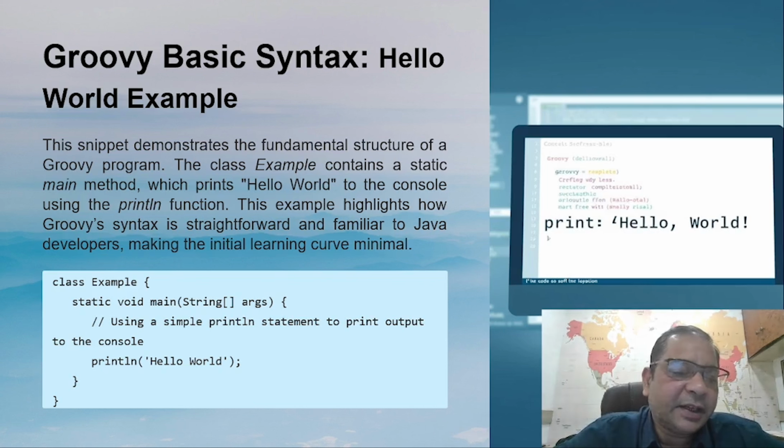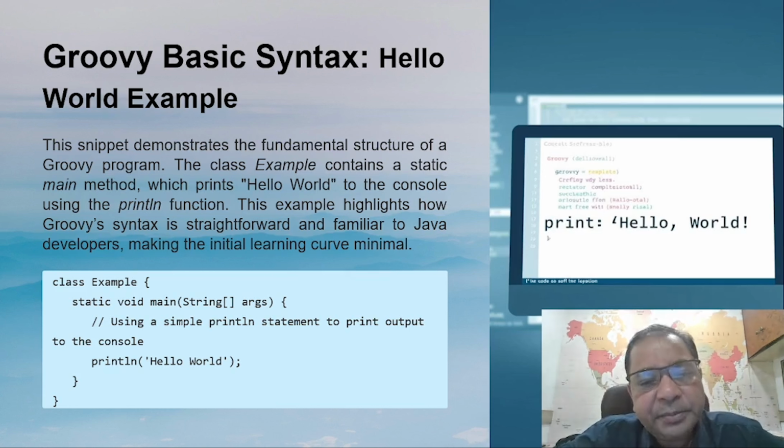Here you can see class Example, static void main, String args, and then we have printed hello world. This is simple Groovy basics. It is not specific to CPI. After two videos of Groovy basics, we will jump into CPI-specific Groovy.